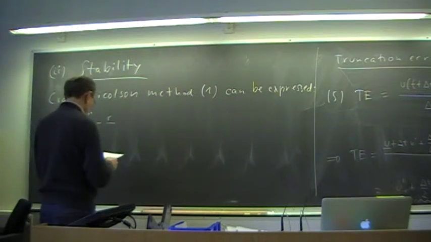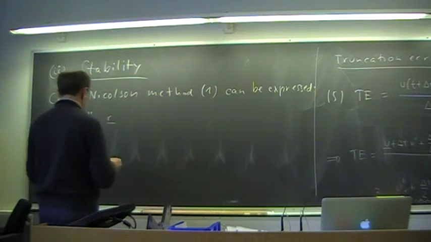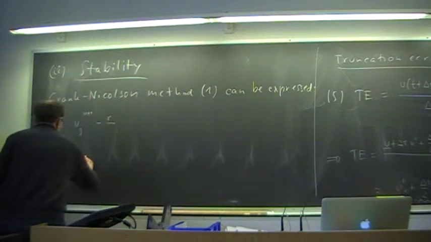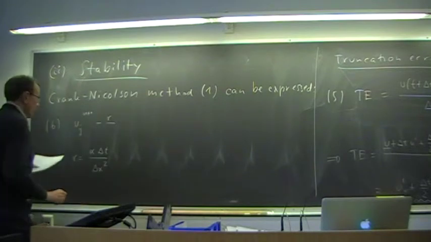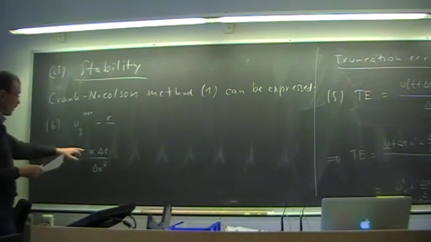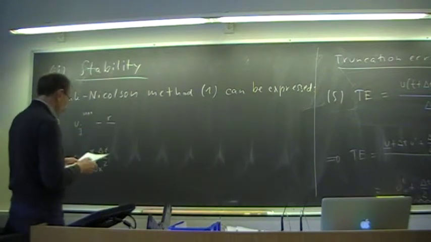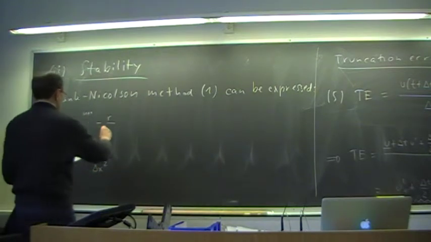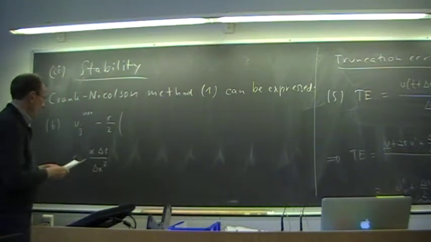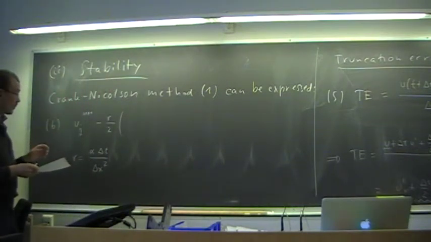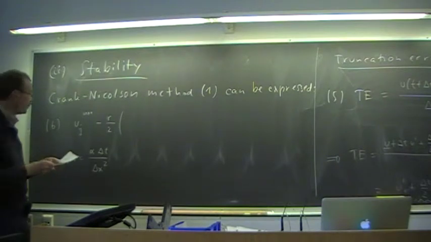R is sometimes called the von Neumann number, alpha delta t divided by delta x squared. Alpha is the thermal diffusivity in the heat equation. So then we get here the r half, because the half is coming from the averaging between the old and the new time level.